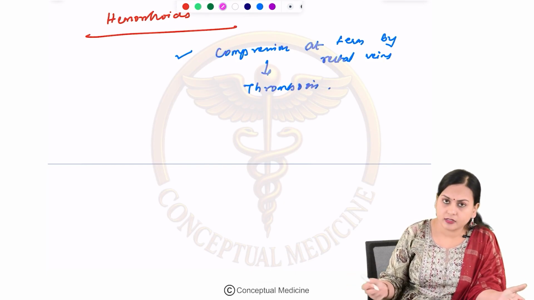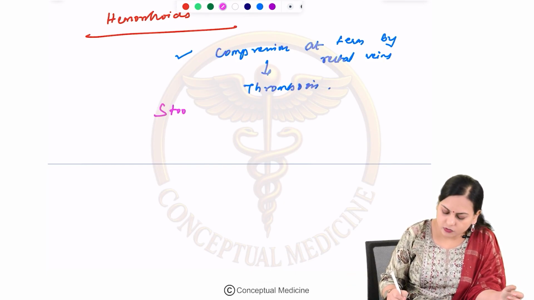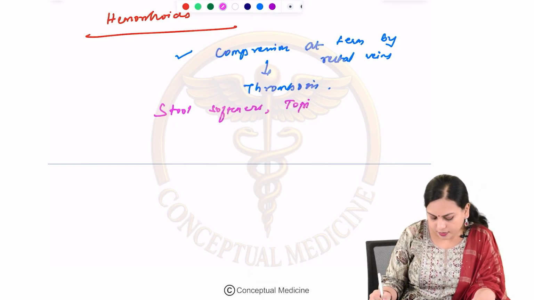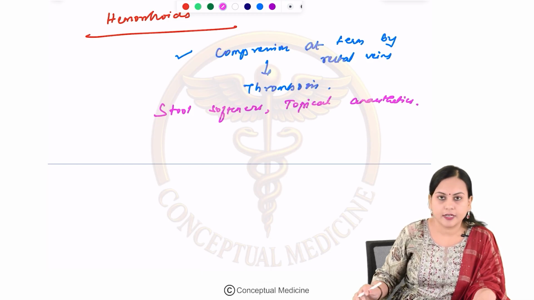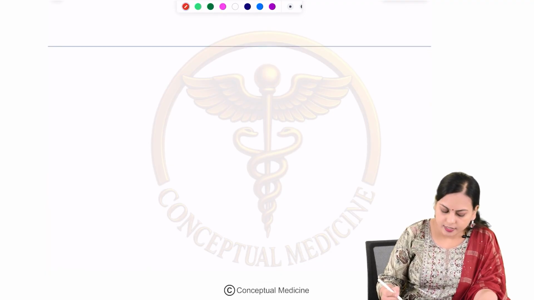So, how will we be managing this? We can give them stool softeners as well as some topical anesthetics as well. Clear? Right.